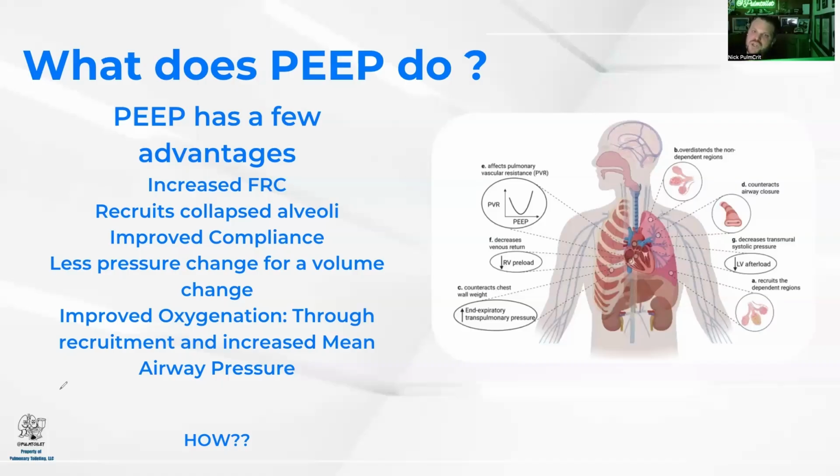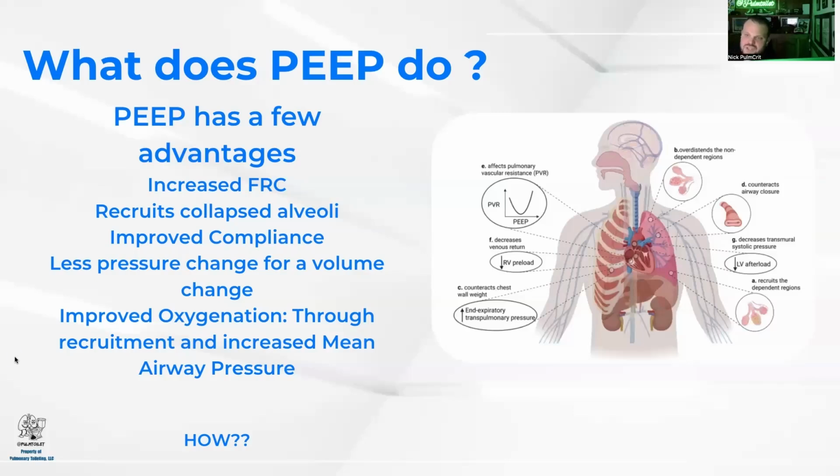So remember, whenever you increase a gradient, flow happens easier. It also decreases preload on the RV side. Now that could either help or hurt both the RV and the LV, depending on where they are in their Starling curves independently. So if you have LV failure and you have increased PEEP, that's going to help your LV failure. However, if your LV is struggling because it needs more preload, then increasing the PEEP is going to decrease your preload, and that's going to make your hemodynamics worse.